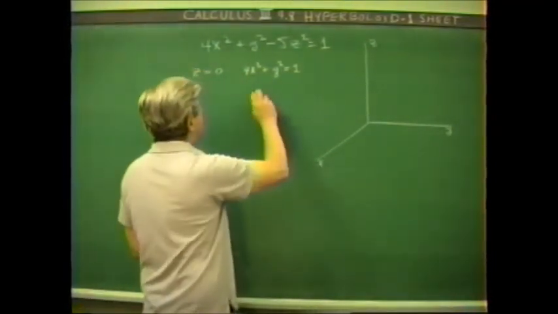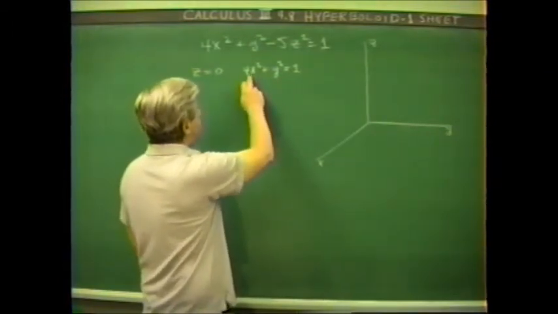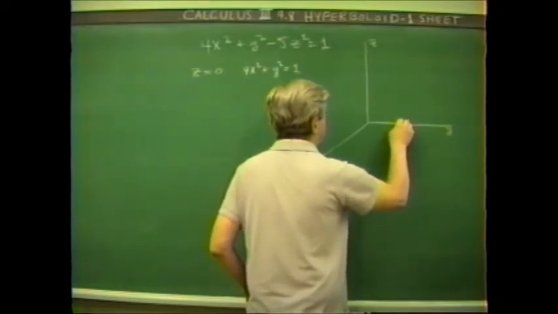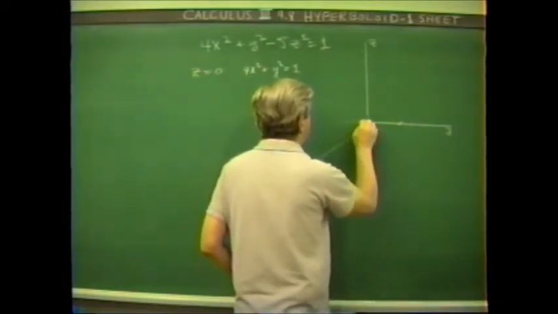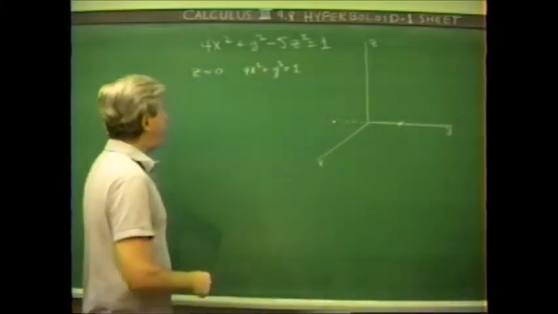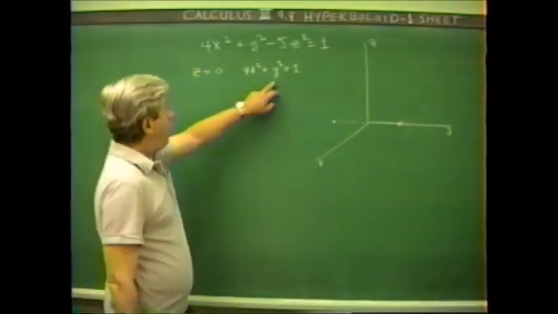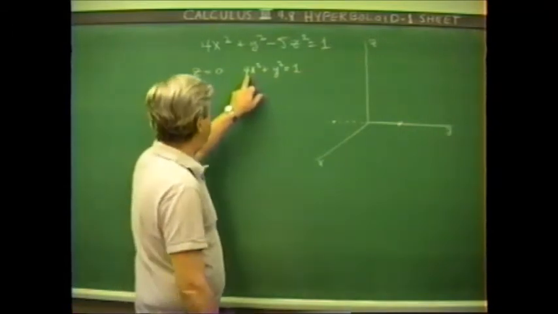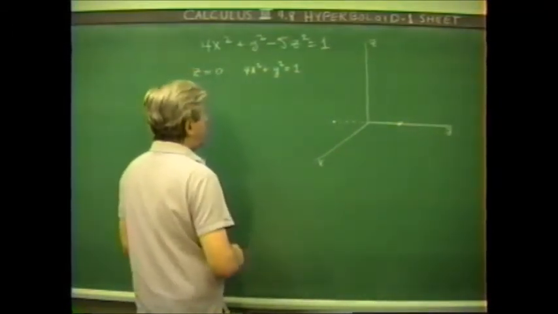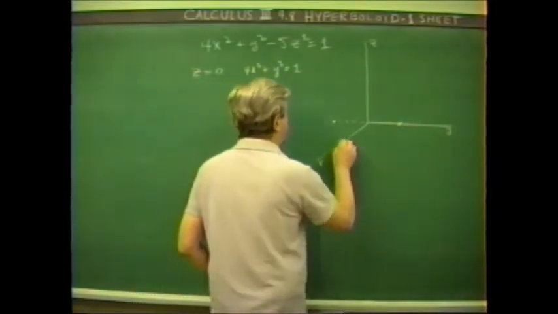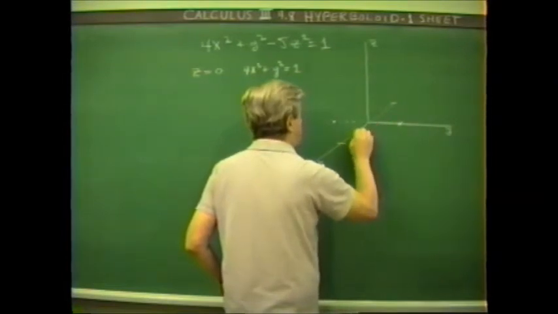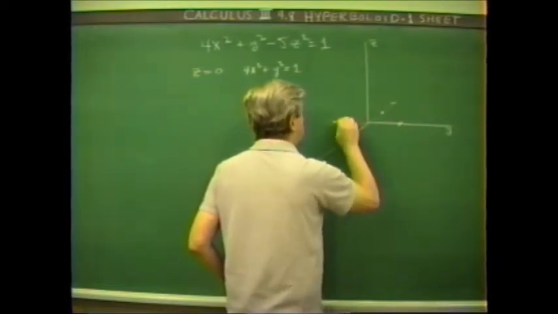In particular, when x is equal to 0, y is plus or minus 1. Those are 2 points on the graph. And when y is equal to 0, x is plus or minus a half. 4x squared will be 1, x squared will be a quarter, x will be plus or minus a half. So here are 2 points on the graph. And this will allow us to sketch this ellipse in here.